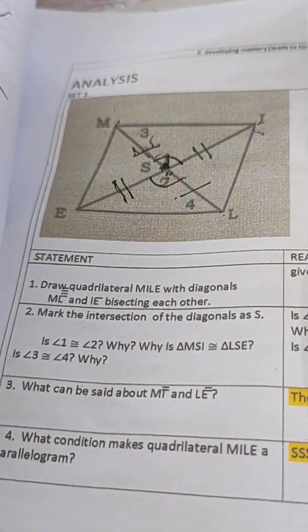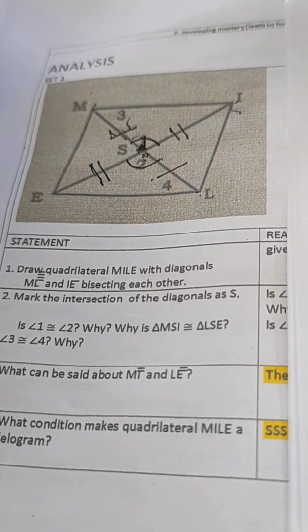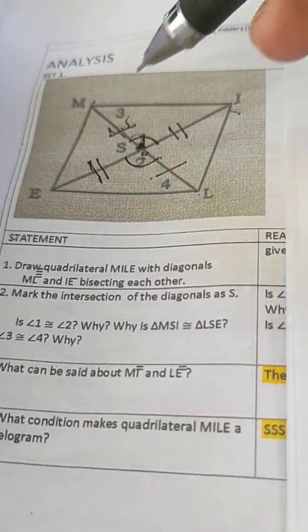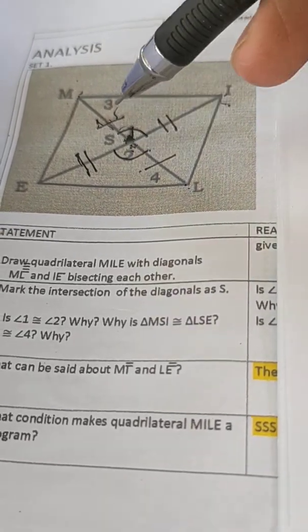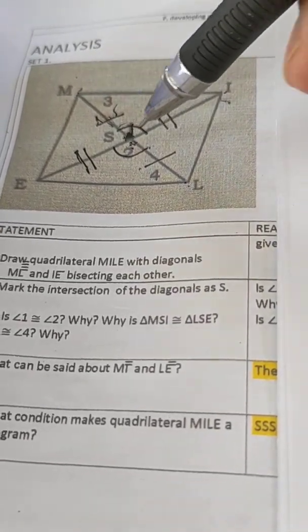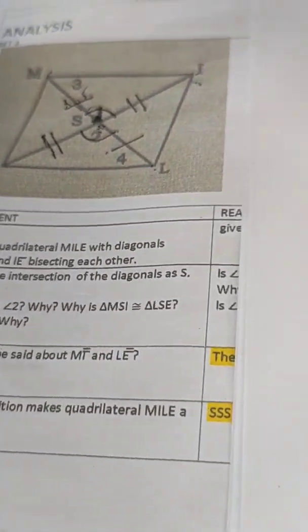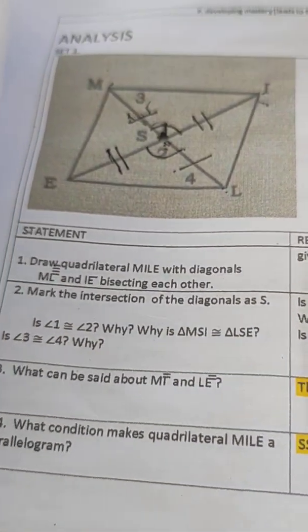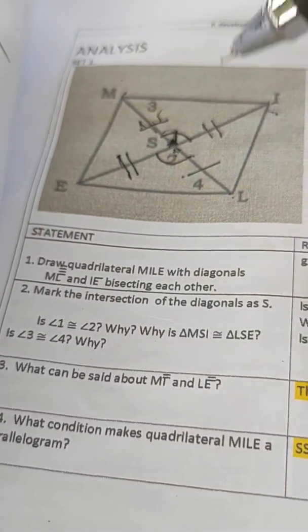So what kind of postulate says that these two triangles are congruent given the three parts that are congruent to the corresponding parts of the other triangle? You will see that this is side, angle, side.